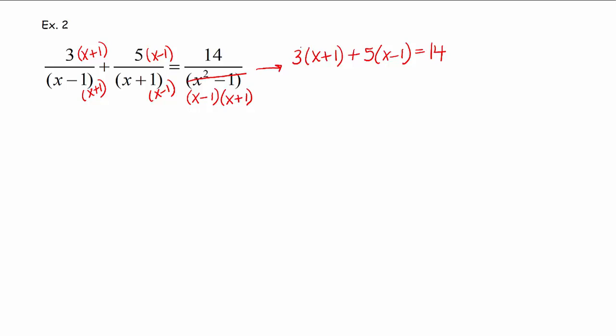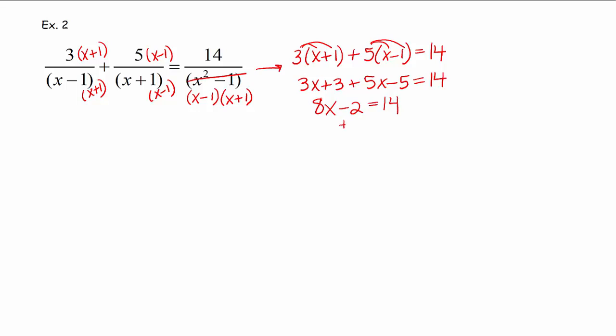And now let's distribute this 3. So we get 3x plus 3, and distribute the 5, plus 5x minus 5. That equals 14. And then we'll add the like terms. We get 8x minus 2 equals 14.